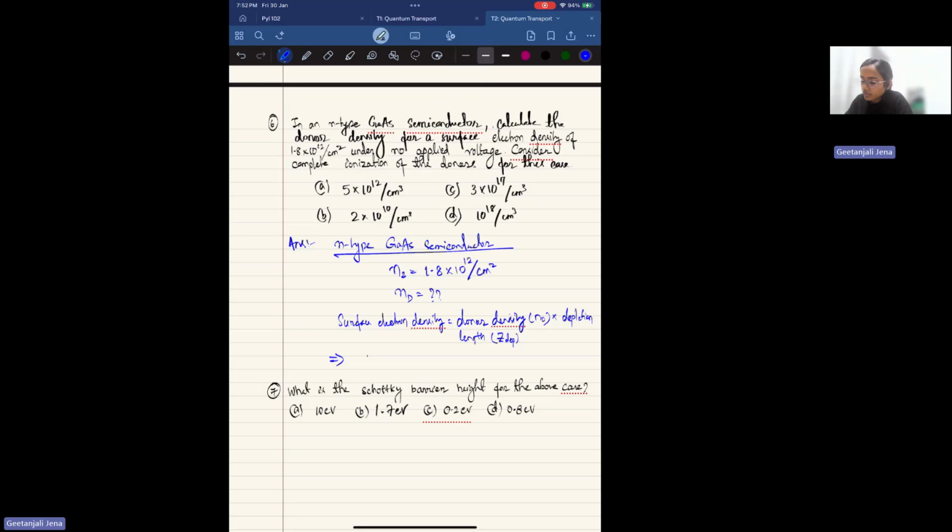So we can find the donor density as the surface electron density divided by the depletion length. The surface electron density is given, 1.8 times 10 to the 12 per centimeter square. For no bias voltage, the depletion length of n-type gallium arsenide, you can take it as 60 nanometer. If you solve it, this will come out as 3 times 10 to the power 17 per centimeter cube.